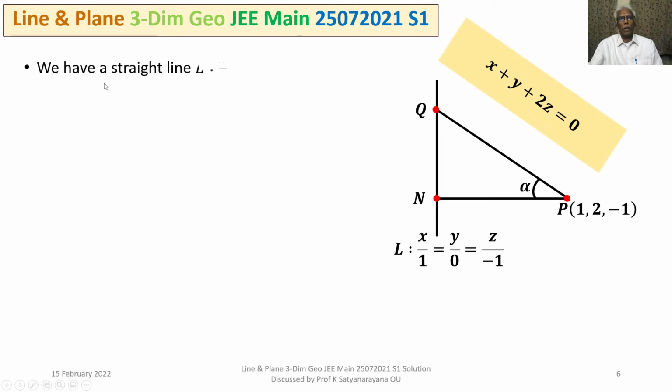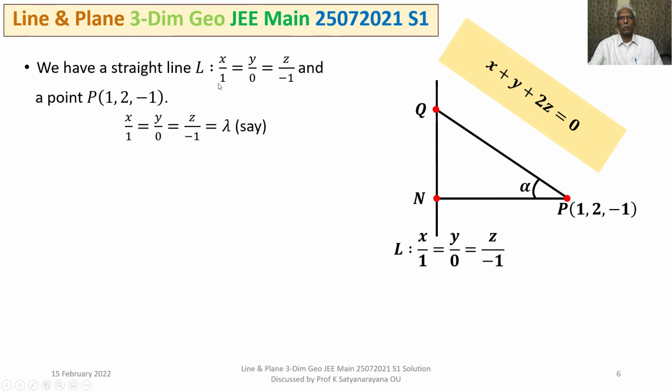Now, we have a straight line L and a point P. Any point on this line L will be given by x by 1 is equal to y by 0 is equal to z by -1 is equal to lambda. Then x is equal to lambda, y is equal to 0, z is equal to minus lambda.